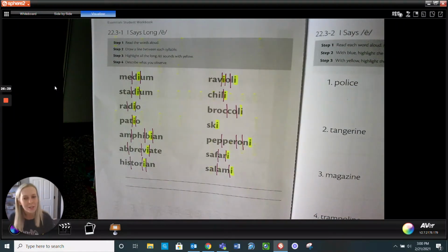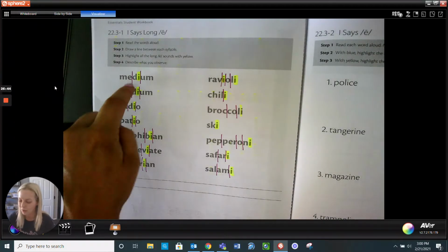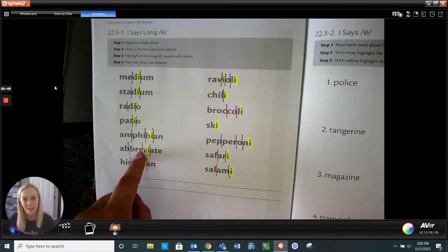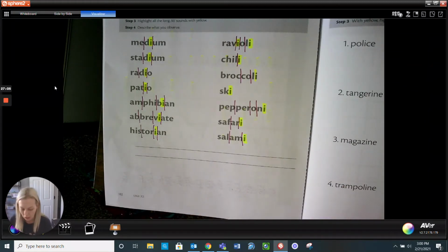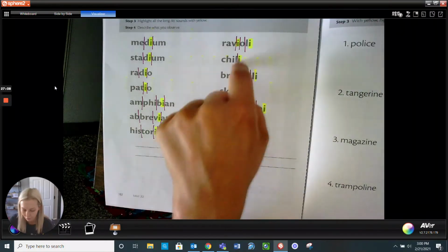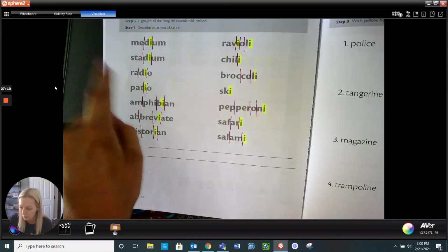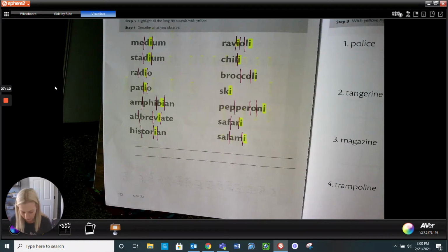So remember, we were just doing the long E sounds that I made. So there were like medium and abbreviate. Those E's make a long E sound, but we're focusing on the I's. All right, what pattern do you see? I see that I says the long E sound at the end of a syllable, and it says long E at the end of the word. So end of a syllable and end of the word.